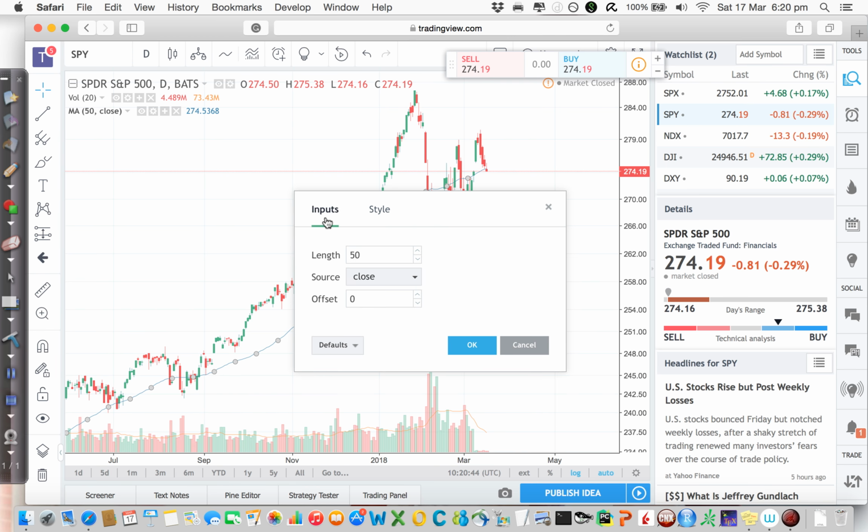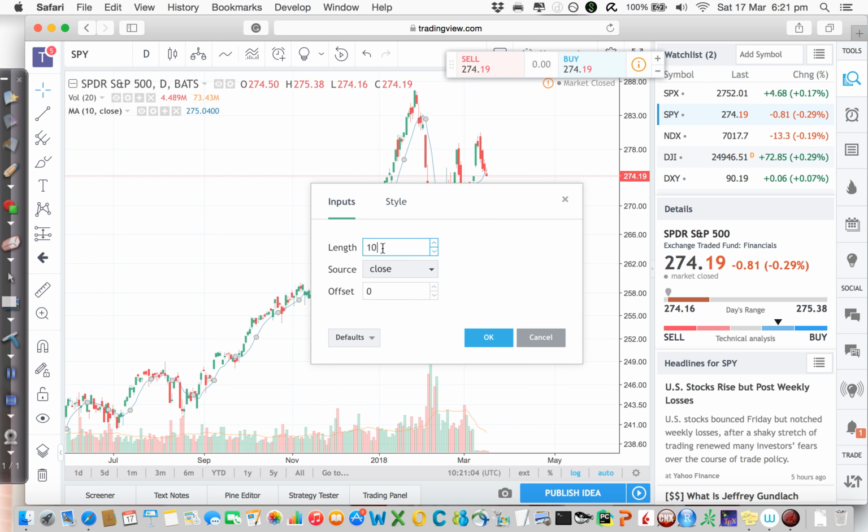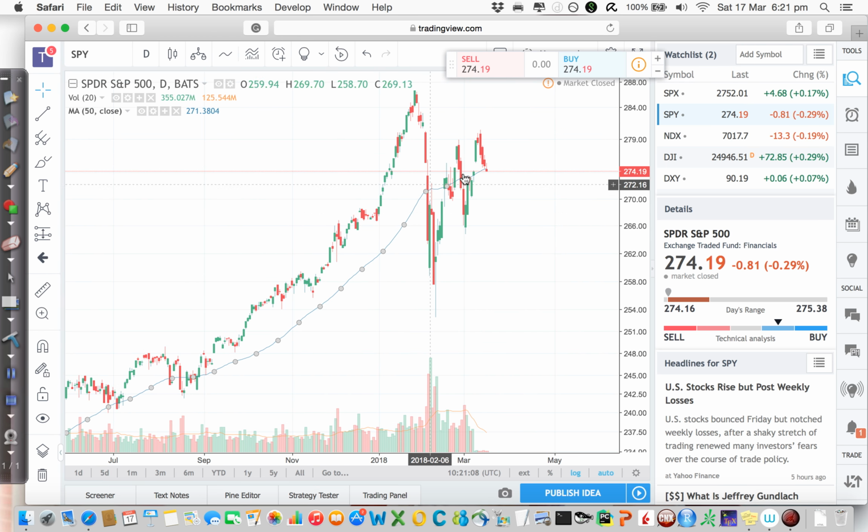If here I put, I don't know, 10, then you can see that the moving average is sloping down and the price is below. So this is a shorter term downtrend. But if we use the 50, then we are still in an uptrend. Okay? So it really depends what your strategy is.